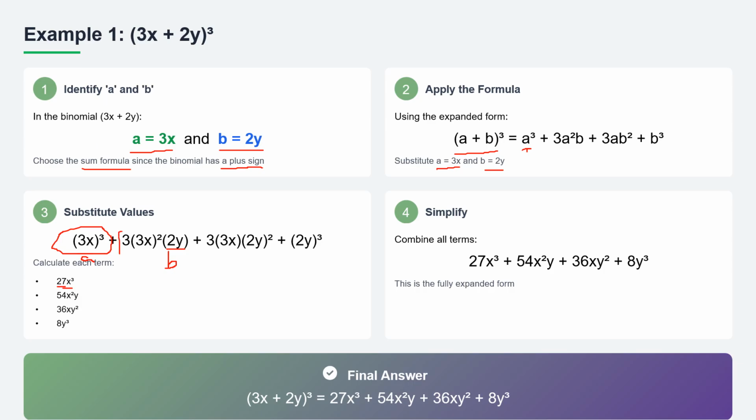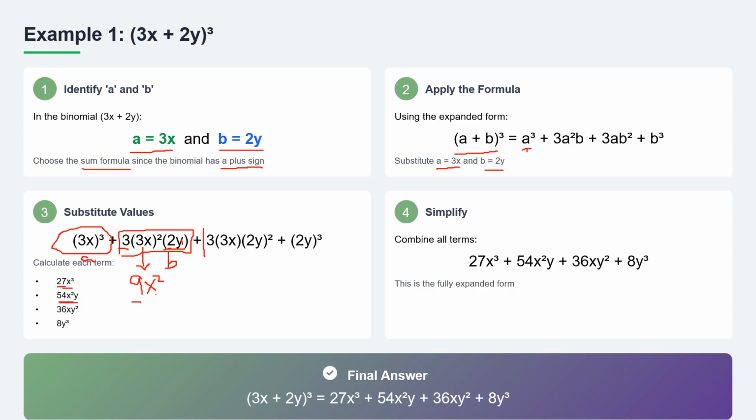For the second term, 3x squared is 9x squared. Then we're going to multiply all of the coefficients. So 3 times 9 times 2 would give you 54. X squared times y is x squared y. So we have 54x squared y.